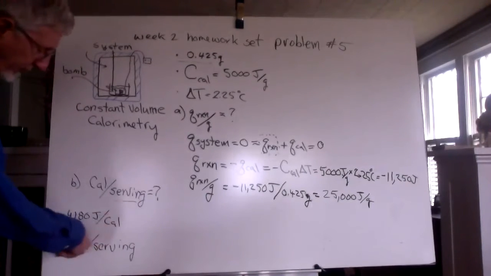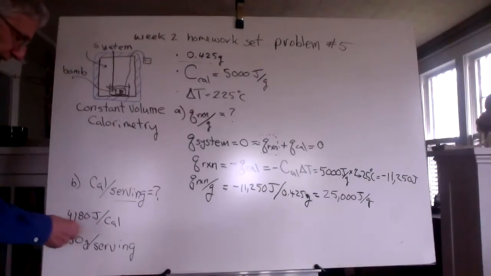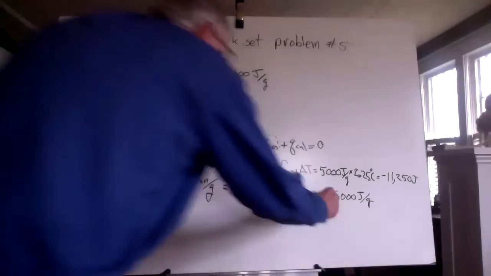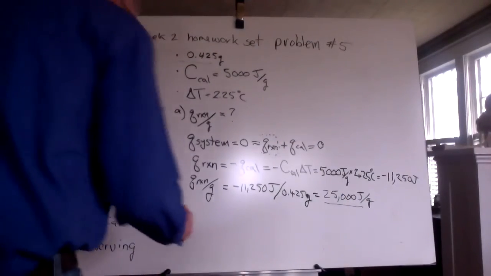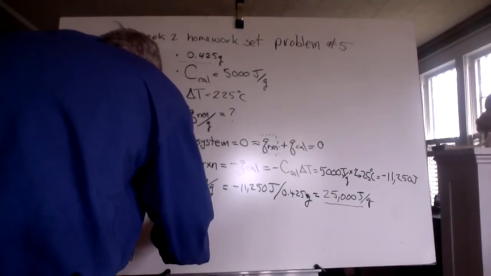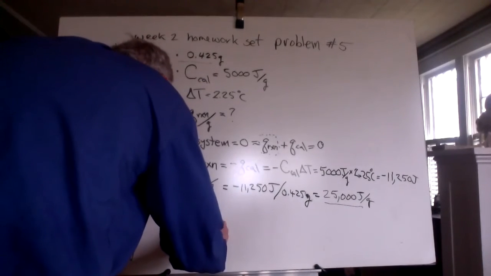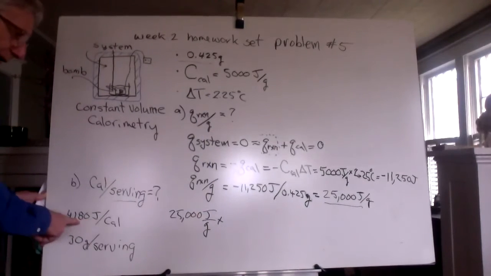So we'll use these unit relationships to take our 25,000 joules per gram and convert it into calories per serving. So we have 25,000 joules per gram, and we're going to convert the joules into calories.